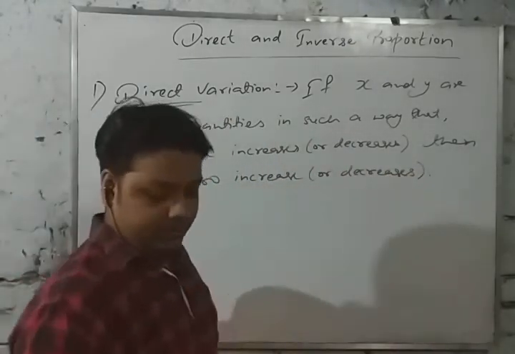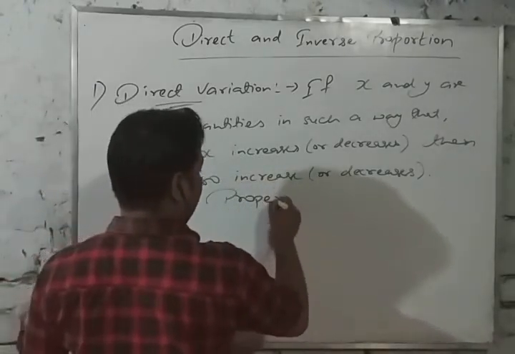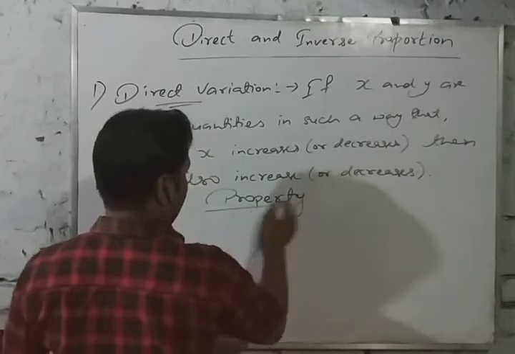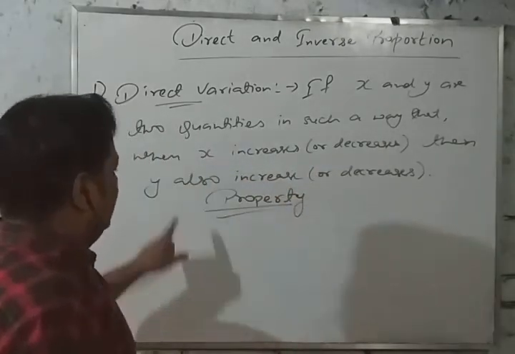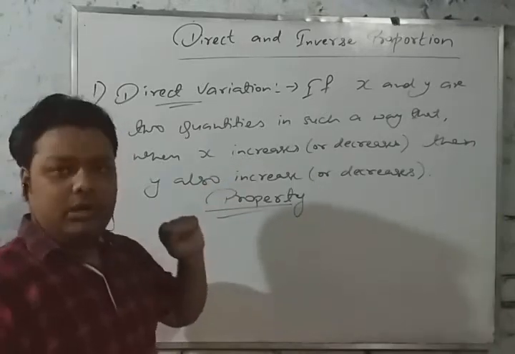Now the property of the direct variation. It is written that if x increases, then y also increases, and if x decreases, then y also decreases.